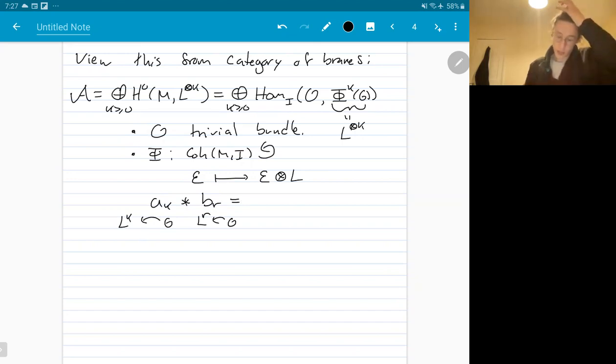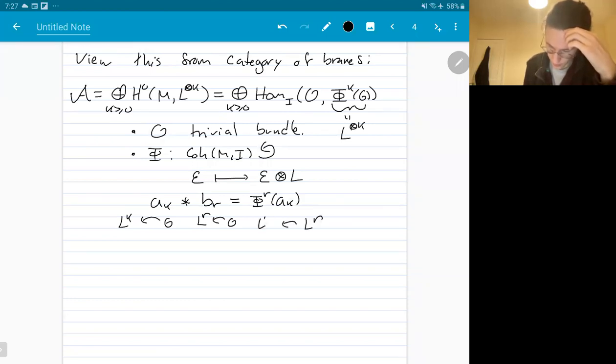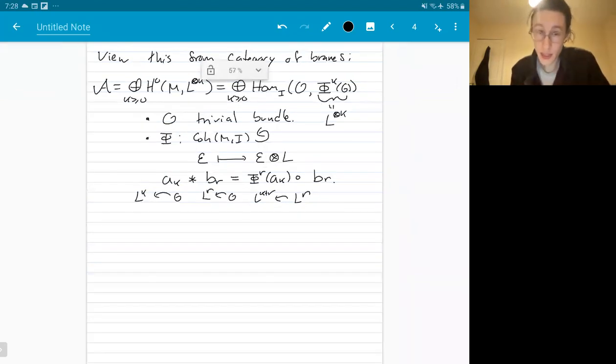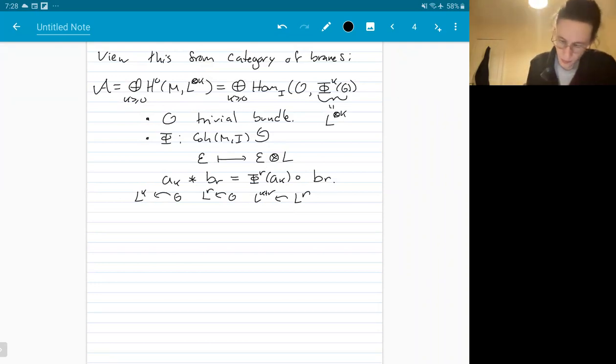So what you can do is apply phi r times to A_k, so that it goes now from L^r to L^(k+r), and then you compose it with B_r. This allows you to see this algebra internal to the category of branes in the B model.